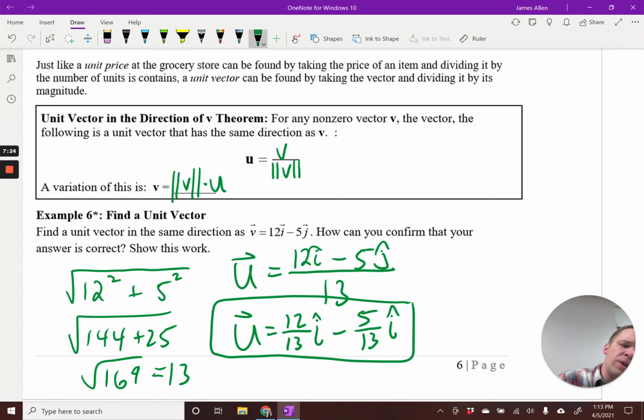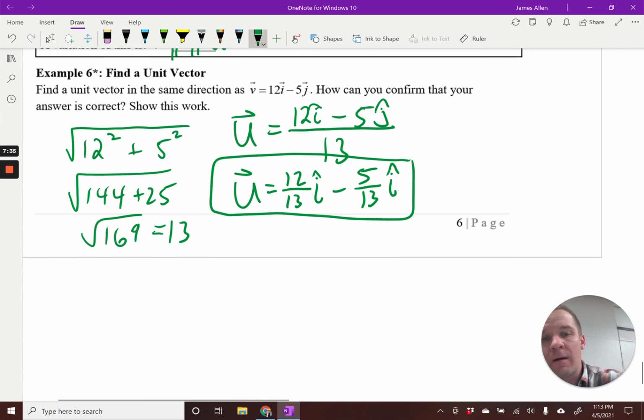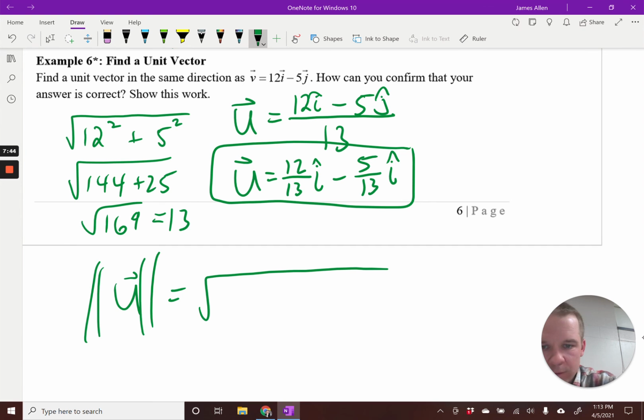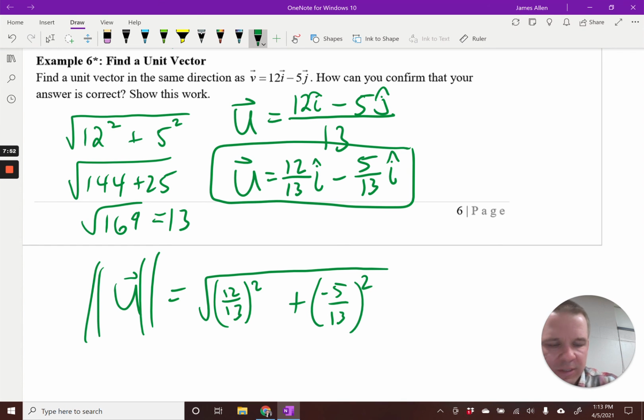Now, how can we confirm that our answer is correct? Because that's what it asks us, right? Well, to be a unit vector, that means I have a magnitude of 1. So if I do the magnitude of this unit vector, I would have the square root of 12 over 13 squared plus 5 over 13 squared, or negative 5 over 13 squared. It's going to be the same thing.